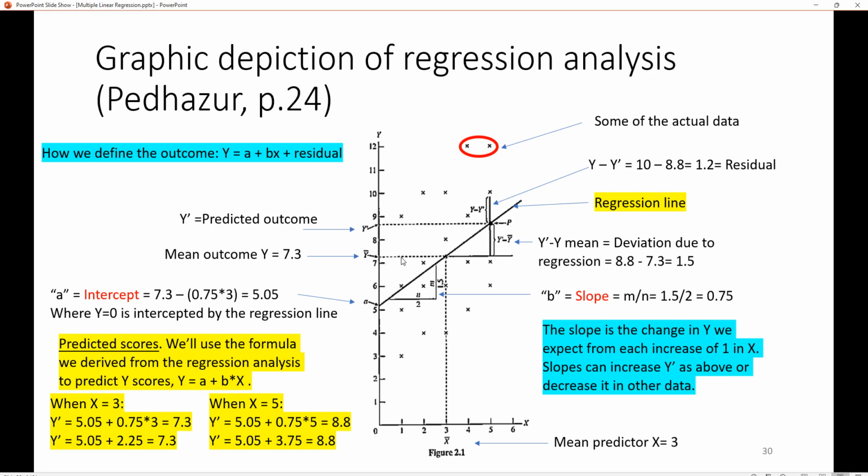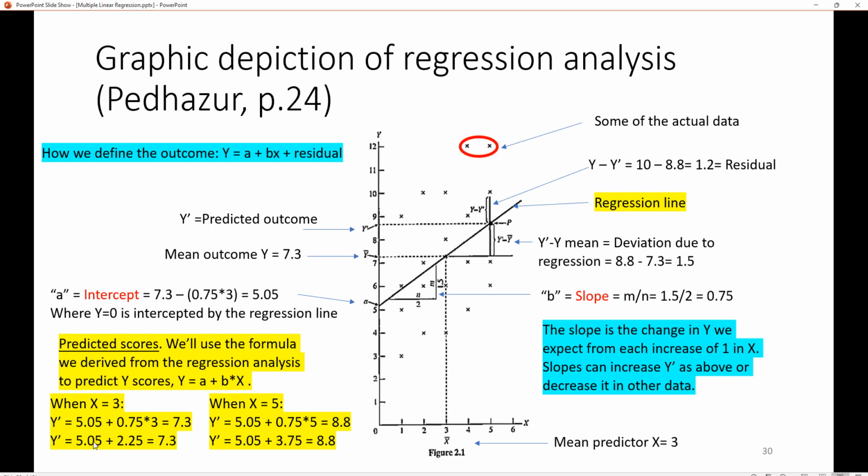So when we have an x value of 3, which we see down here, if we increase our value in x by 3, that should increase our predicted value by 2.25.